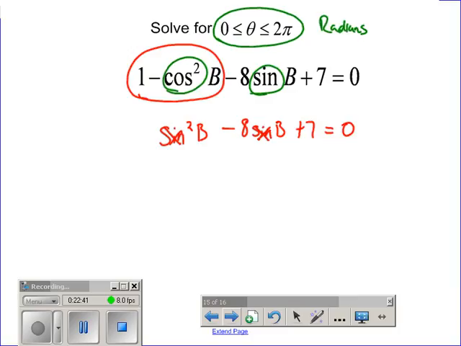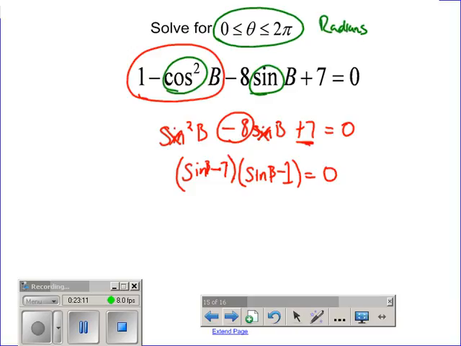Well, we can always factor quadratics, right? What 2 numbers multiply to 7 that add to negative 8? And instead of using x, we're going to use sine. Those 2 numbers are negative 7 and negative 1, so our factoring looks like this: sine b minus 7 times sine b minus 1 equals 0.